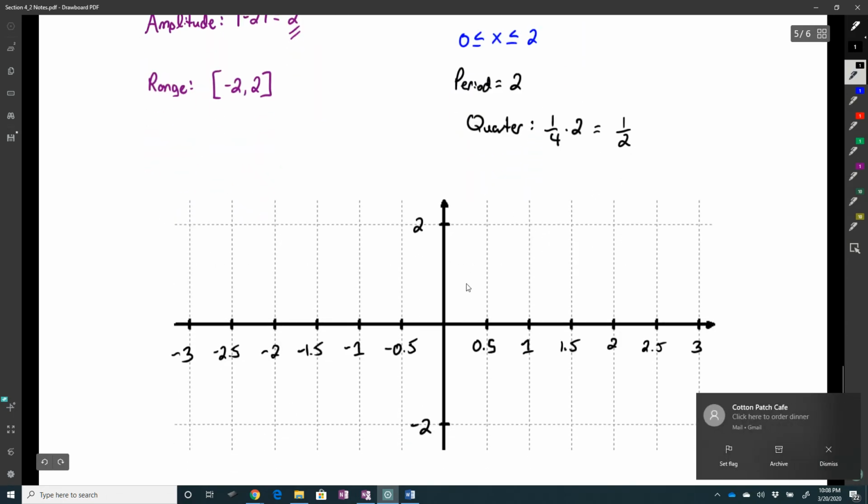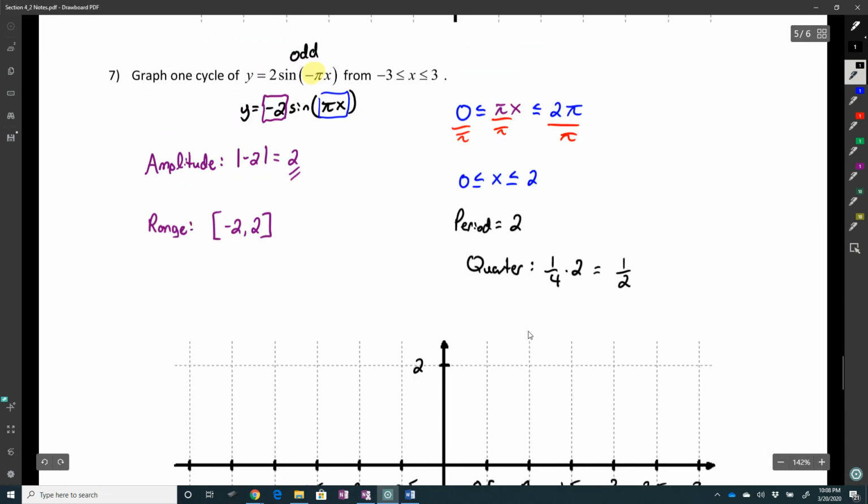All right, and so I have everything I need. I know how high it goes. I know it goes from -3 to 3, and I know that this is an upside down sine. I have a -2 sine of pi x.